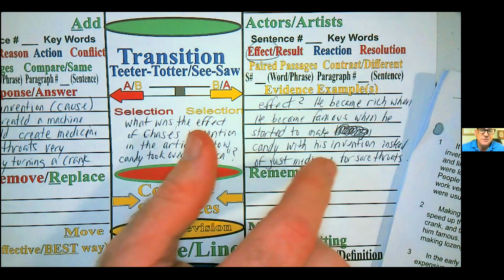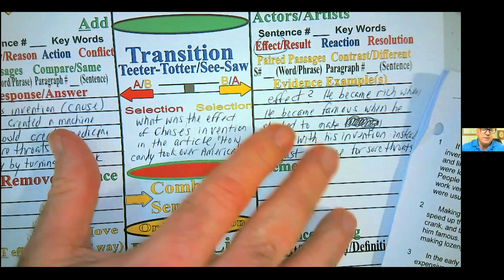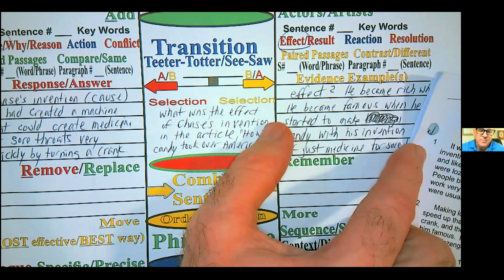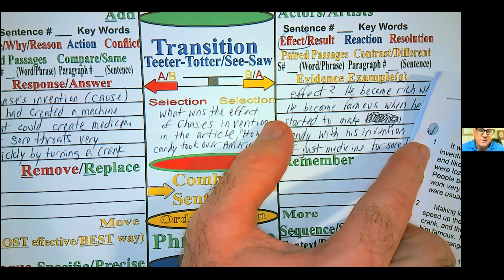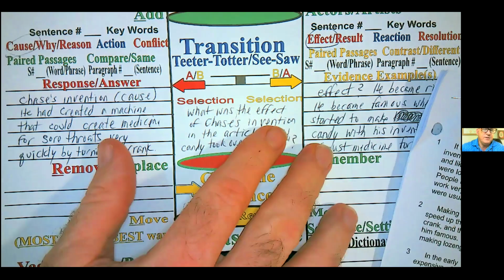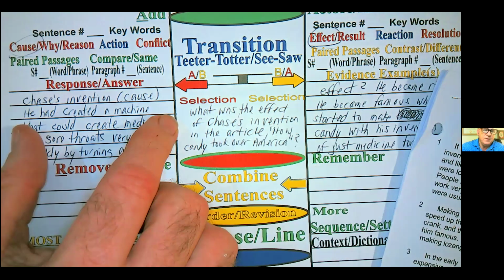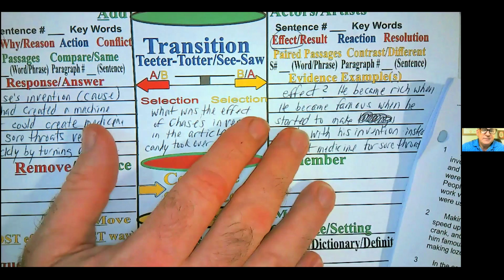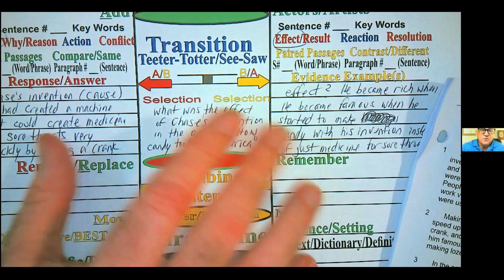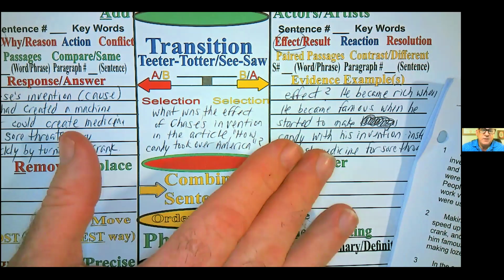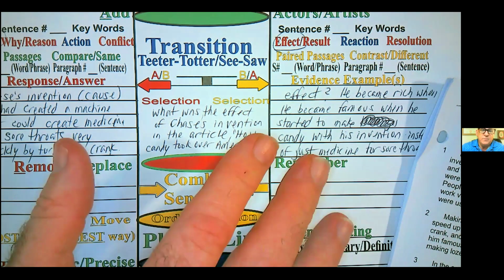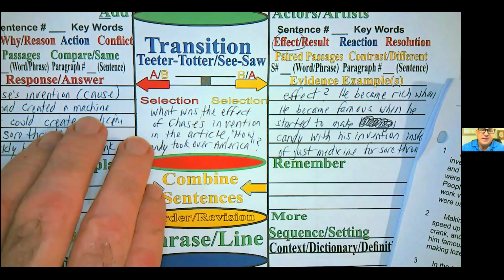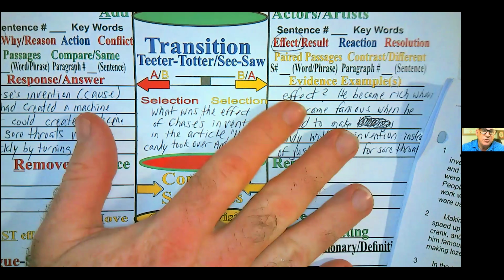I think a lot of times people would only have the evidence in paragraph 2 about the candy as the effect and evidence from the medicine as the cause, and there wouldn't really be an answer to the question. What was the result? Yes, he made a machine, but the result is that because he could make medicine and candy, he would become a rich or wealthy man.